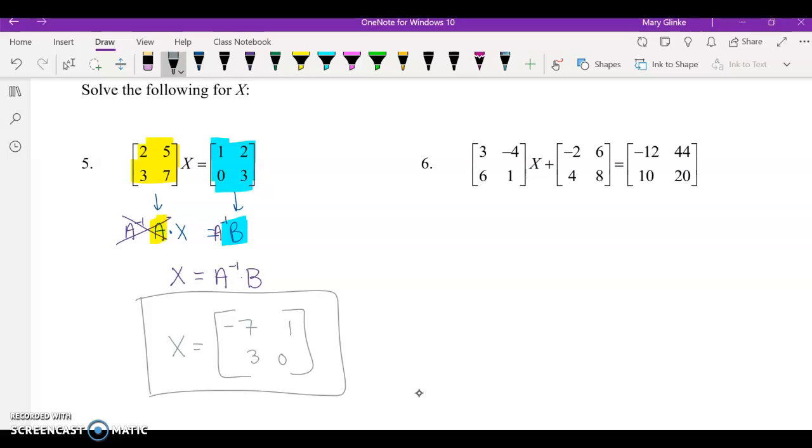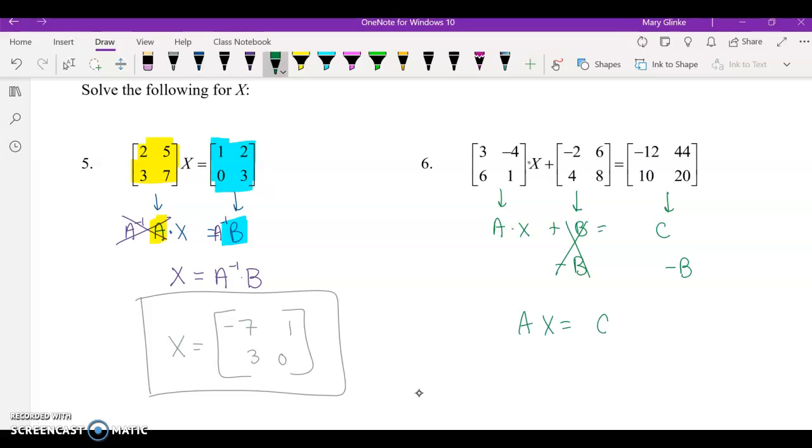So I know I'm going to use something like that whenever, again, I see a matrix times another matrix and I have to undo something. So let's try this one. Here we have matrix A and matrix B and matrix C. So to solve for this one, what I'm going to do is subtract B to the other side.